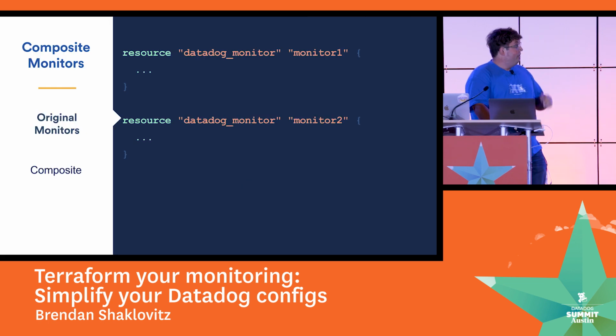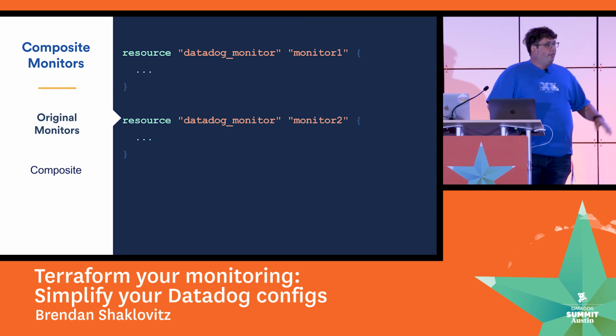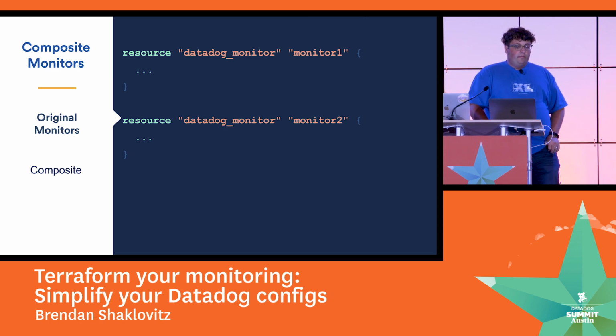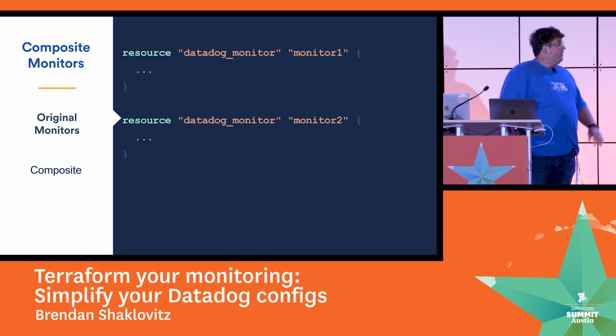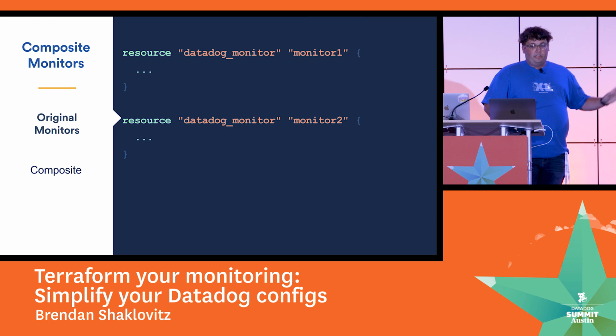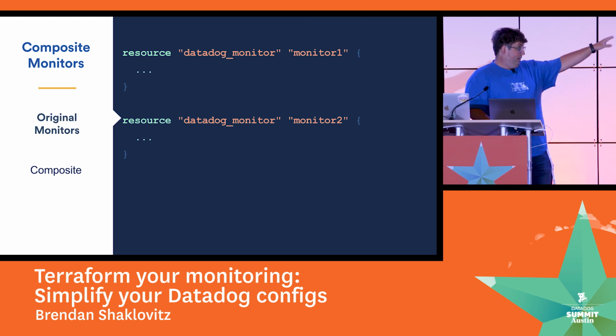And that's what I wanted to talk to you a little bit about, how you might go about using those in Terraform. So in this example, I've just made 2 monitors, monitor 1 and monitor 2. The content of the monitors in this case doesn't really matter. Just to give you an idea of what they would be called.